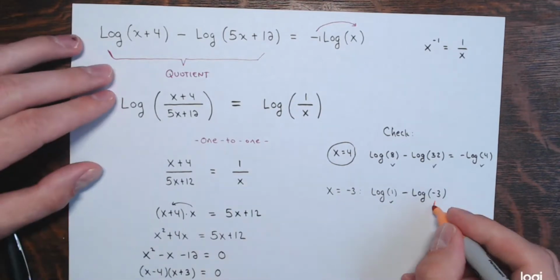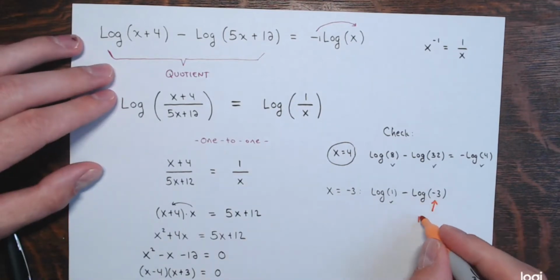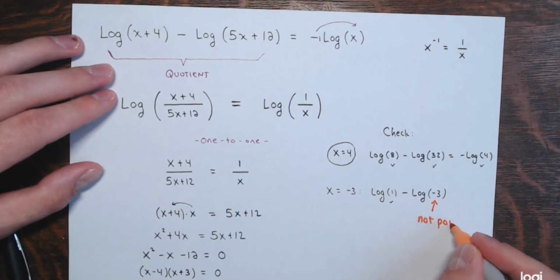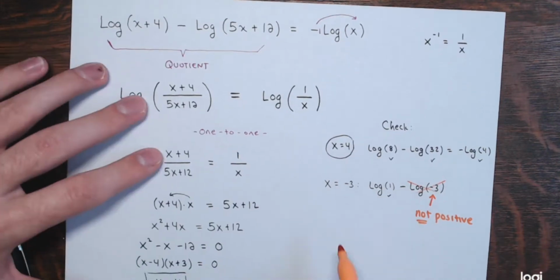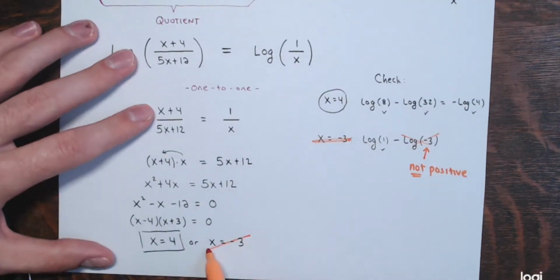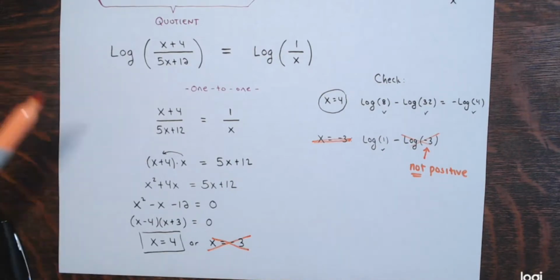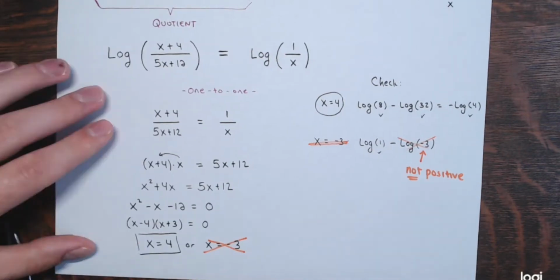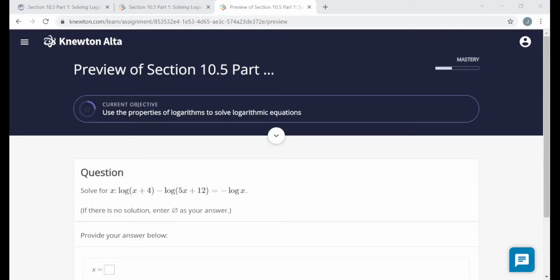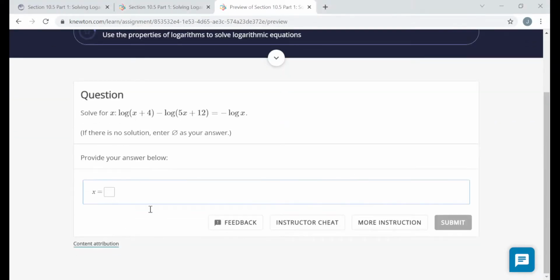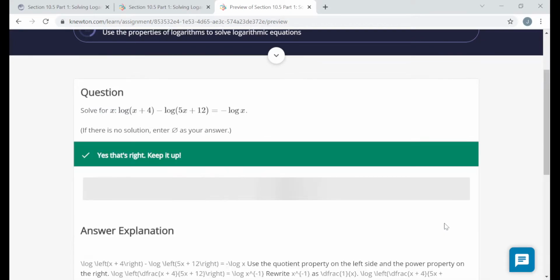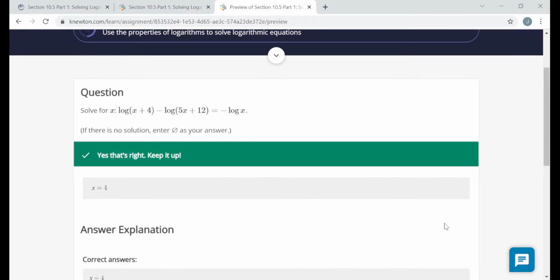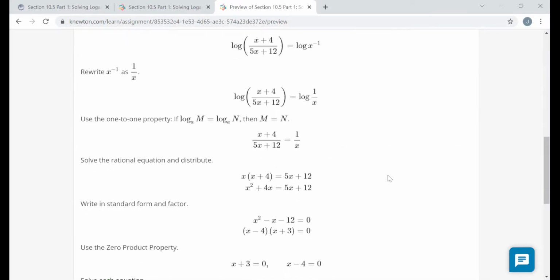The number inside that logarithm is not positive, which is bad. You can't do anything with that in this course. So negative 3 is not a good solution. The only solution that works is x equals 4. Great. All right, next question.